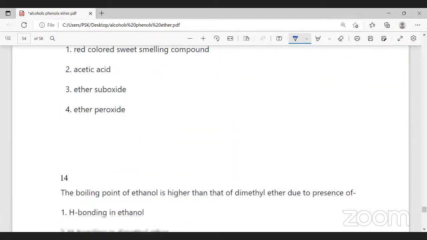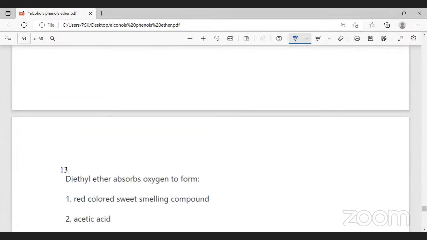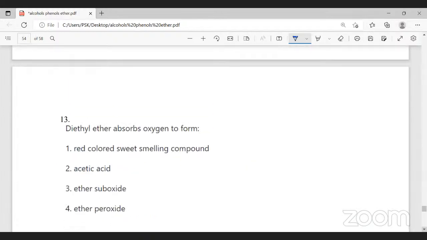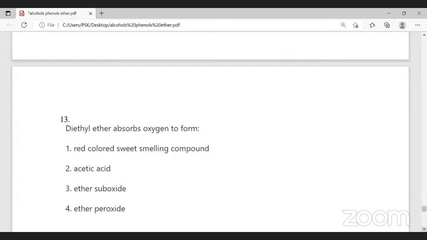Next question. Diethyl ether absorbs oxygen to form a red-colored, sweet-smelling compound: acetic acid, ether suboxide, or ether peroxide. Diethyl ether absorbs oxygen. When oxygen is added, peroxides are formed. So the product formed here is ether peroxide, which is explosive. We learned it.